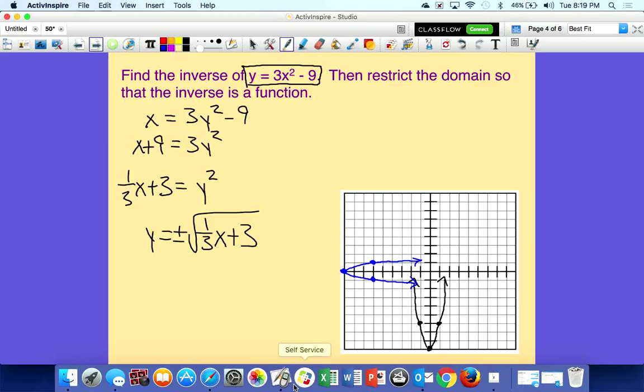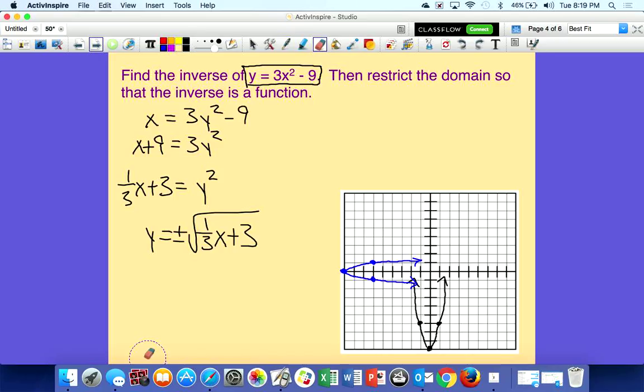Now, it says restrict the domain so that the inverse is a function. Well, if you look at my blue line here, that's not a function, it doesn't pass the vertical line test. So we need to restrict the domain on the original function so that our inverse is also a function.